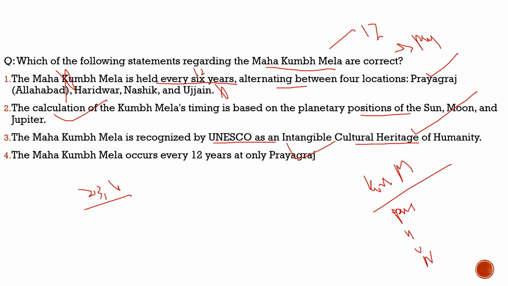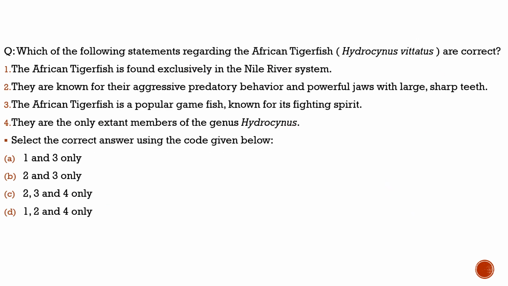Now let's move to the another question and see what else was in the news today. So here it is about the African tiger fish. There was a discussion about it in the newspaper. Here the question says, which of the following statements regarding the African tiger fish Hydrocynus vittatus are correct?